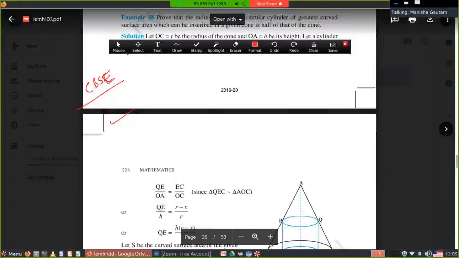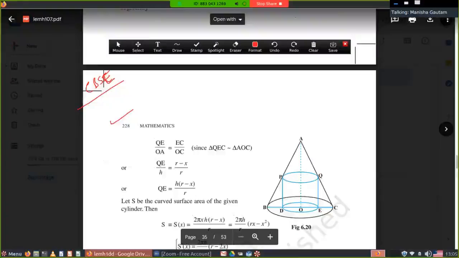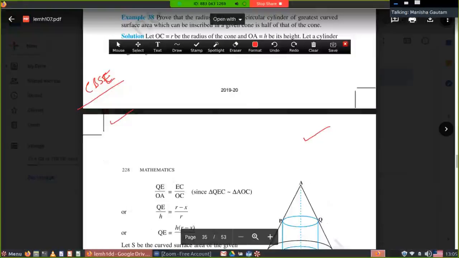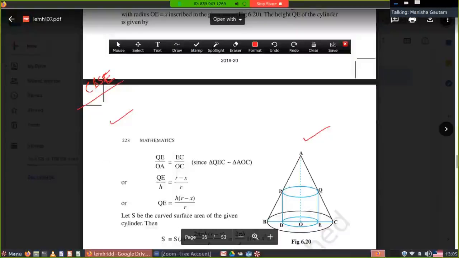First of all, plot this figure. The cone is plotted here. I have to name it. Let's draw it on the top so we can see the statement as well as this figure. Okay, this is a cone.